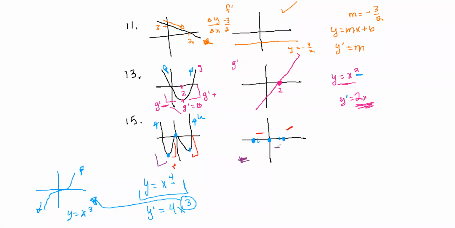And here it's negative, so it's down here somewhere. So what it's going to look like is, we're just going to connect these pieces. And we know it's cubic because one end is going off into negative infinity and one end is going off into positive infinity.